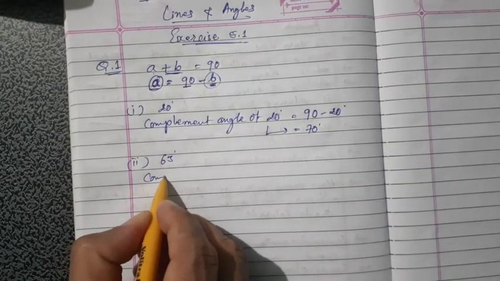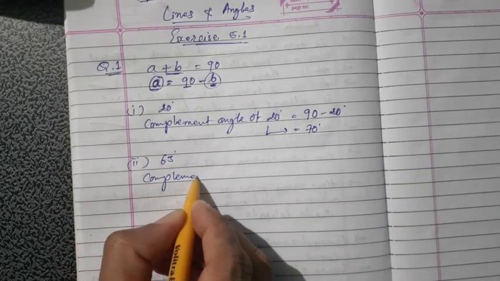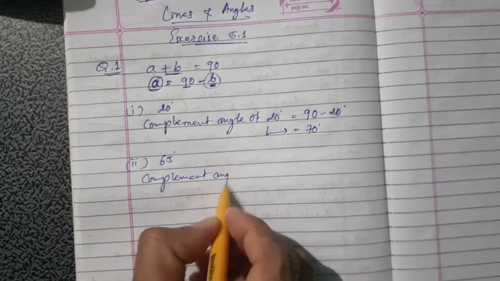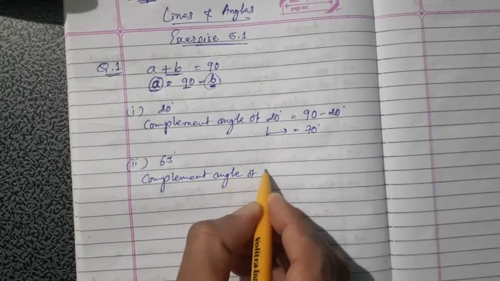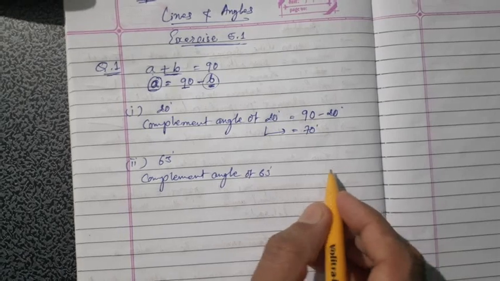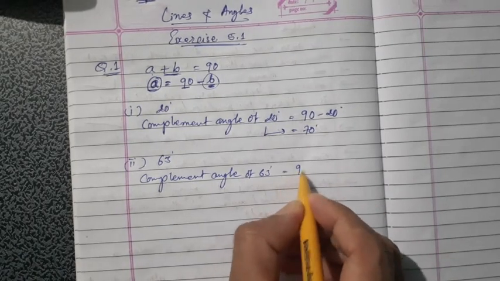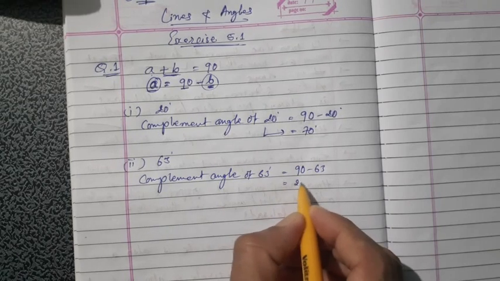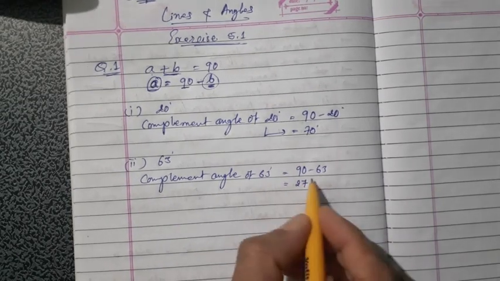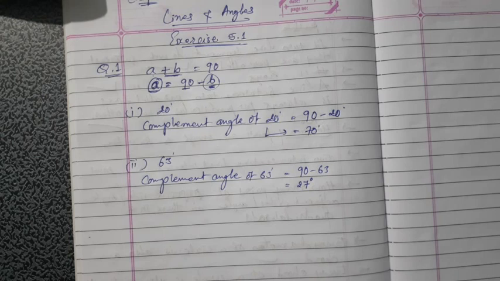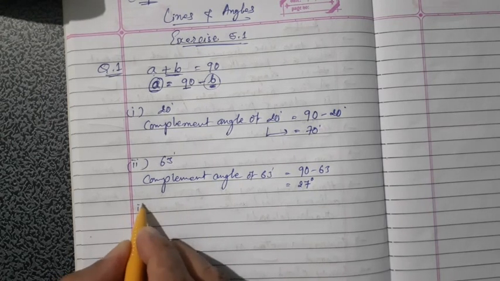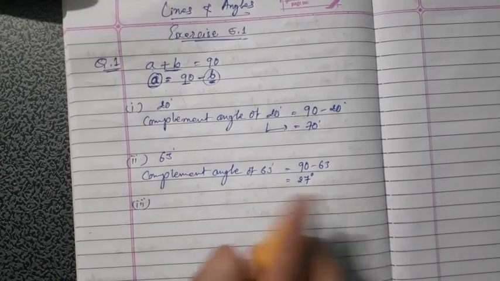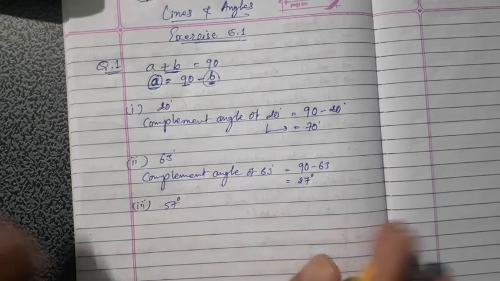So complement angle of 63 degree, otherwise complementary angle, equals 90 minus 63 equals 27 degree. Third one, 57 degree.